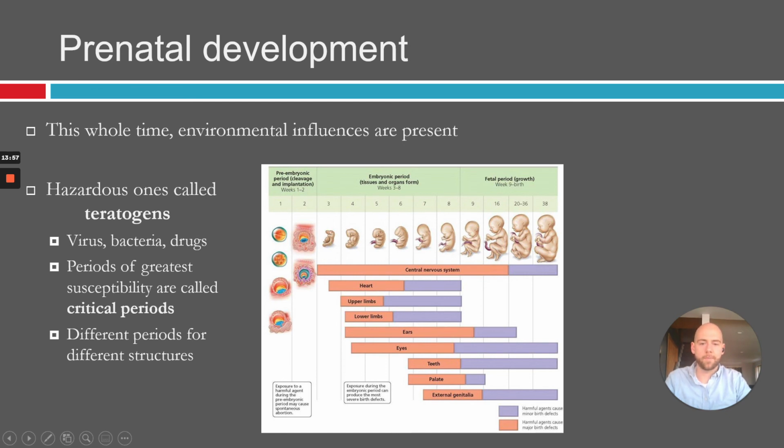The heart, upper limbs, lower limbs, they can be disrupted by certain illnesses and certainly by drugs and alcohol. And some of the more important structures or more far-reaching structures, let's say, like the central nervous system, they have a longer critical period here in orange.